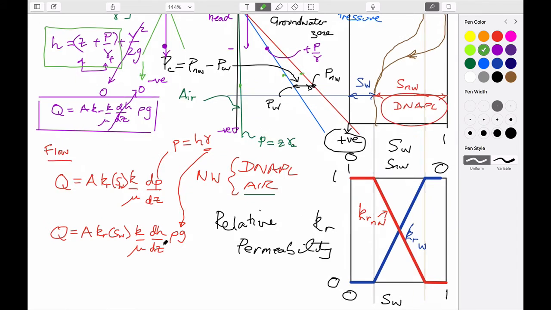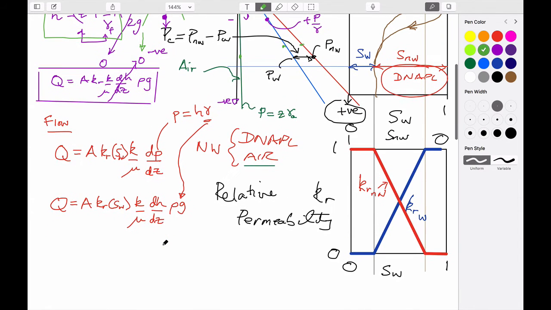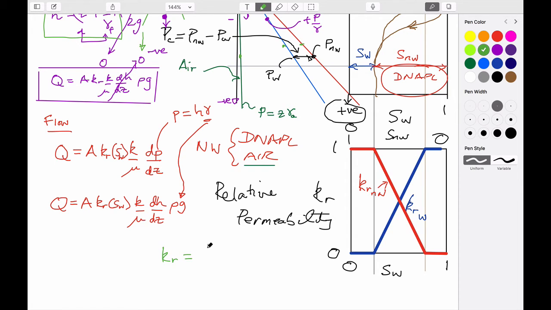It's just the magnitude of the saturation that you find yourself at. So it's just a way of saying that relative permeability is a function of saturation of water. And so for this, that would be this expression here.